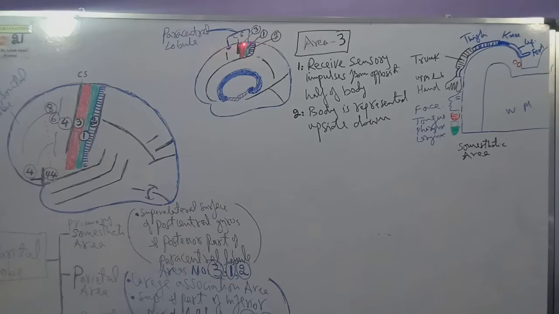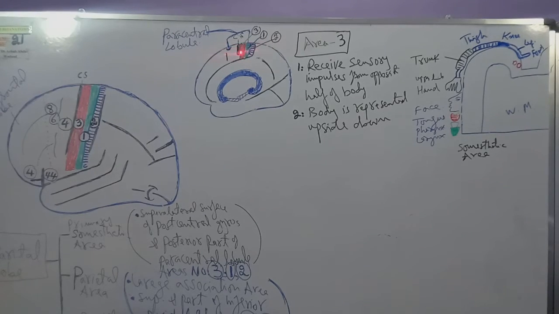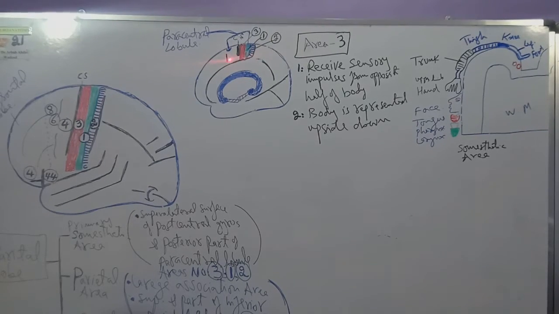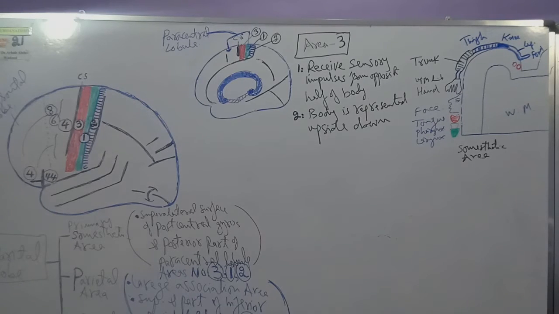Here will be the leg and sensation from the leg, foot, and perineal and urethral region. Here in the motor area it was the anal sphincter and the urethral sphincter, but here it is sensation, the sensory area on the opposite side of the body. In this way, the human body is represented upside down, just like in the motor area. Same is the case in the sensory area.